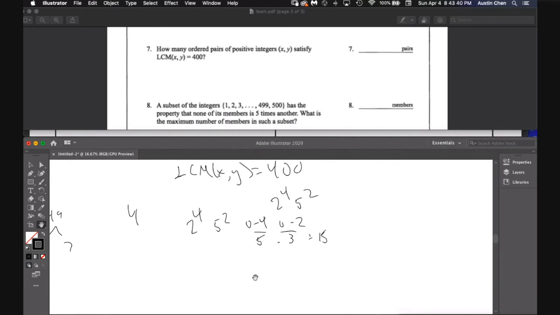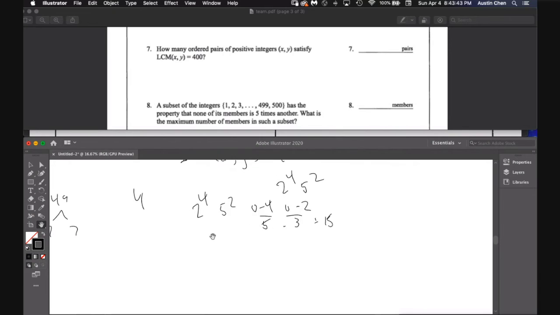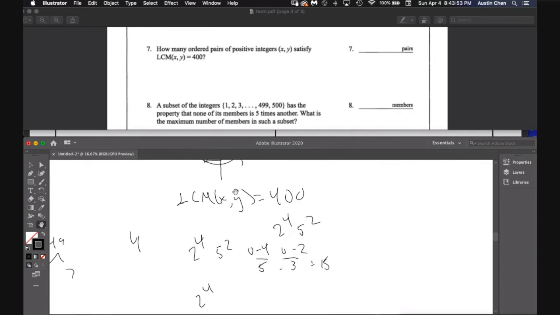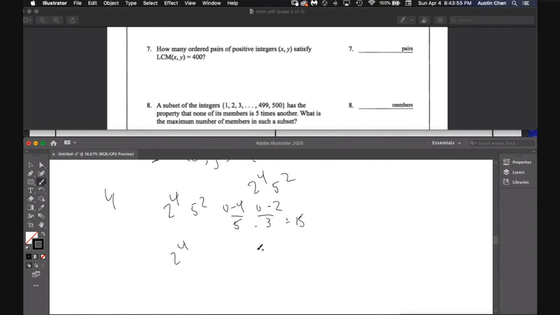And it seems like for every case, wherever you put 2 to the 4 and 5 squared in, it's always pretty much going to be like this, right? Let's say the 2 to the 4 went to the x, and the 5 squared went to the y.